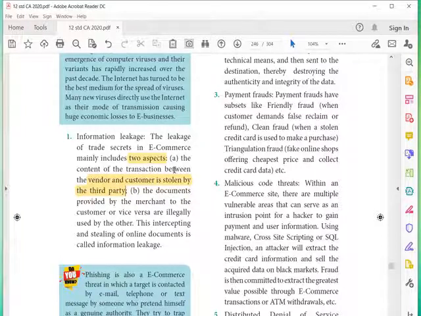So here we have to be careful. Being careful alone is not enough, as the technology has to provide the security here. So the first threat is that information can be stolen or misused. That is said to be information leakage.